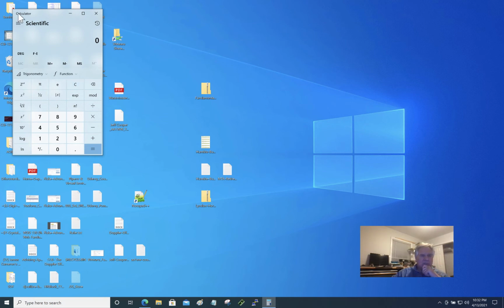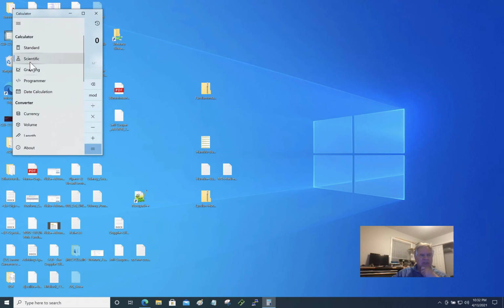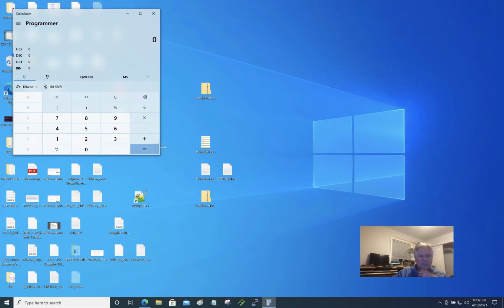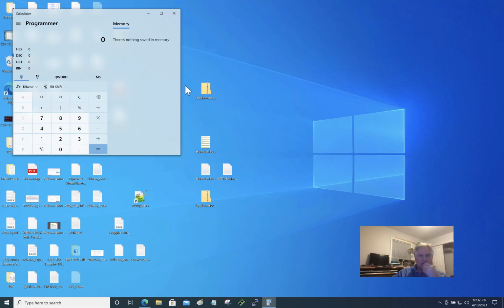Now the other mode that's really handy in this thing is programmer mode. I guess they got a little memory thing there. What's nice about programmer mode is, you see how right now it's set to decimal, because 0, 1, 2, 3, 4, 5, 6, 7, 8, 9 are available.